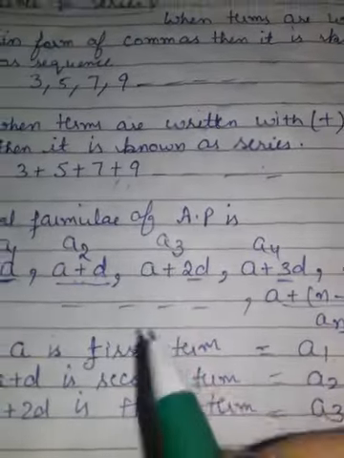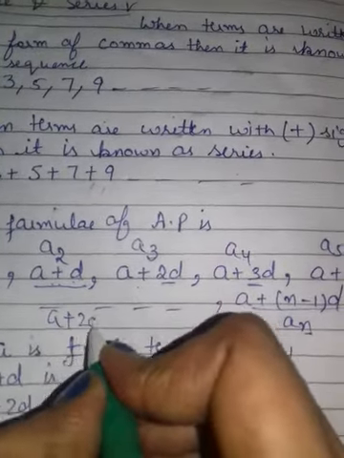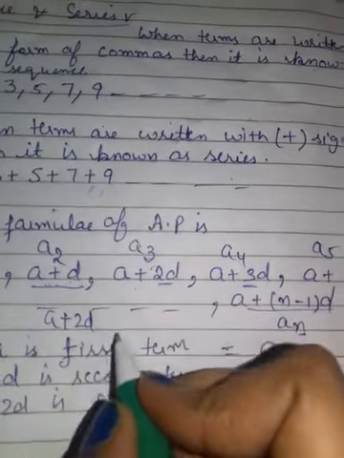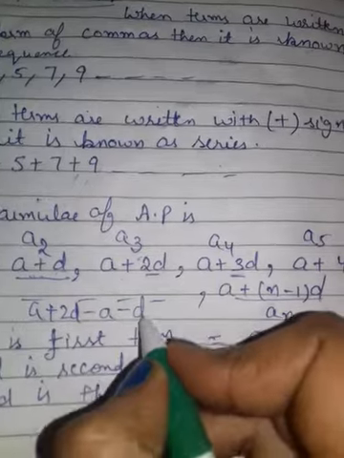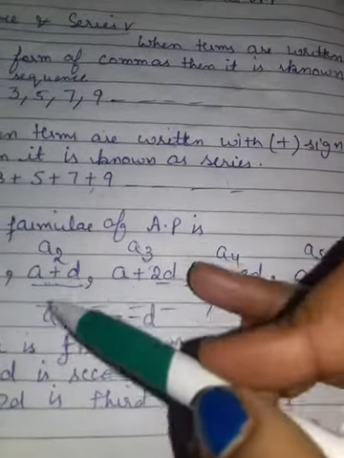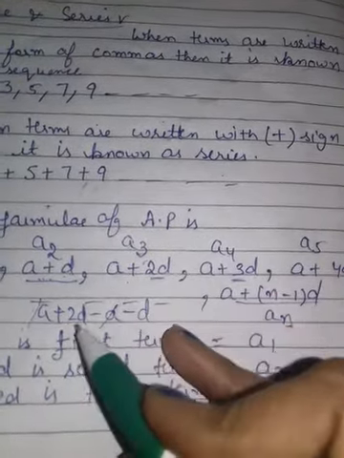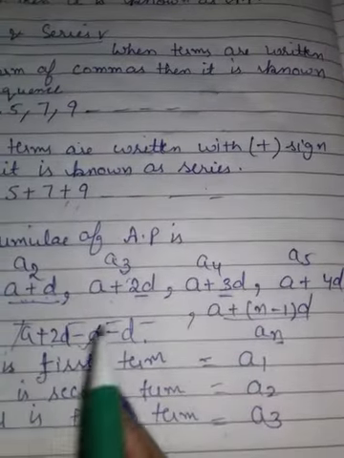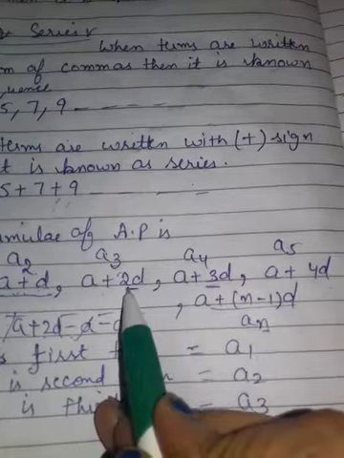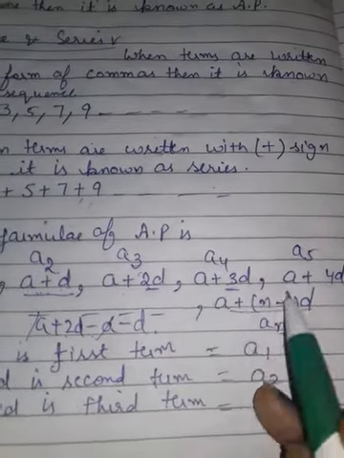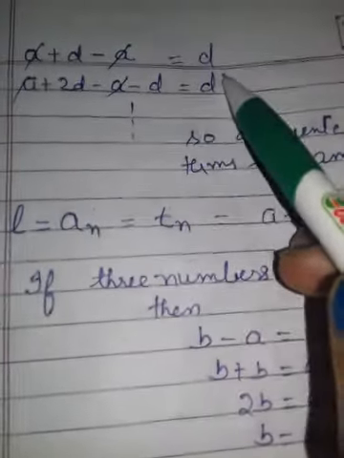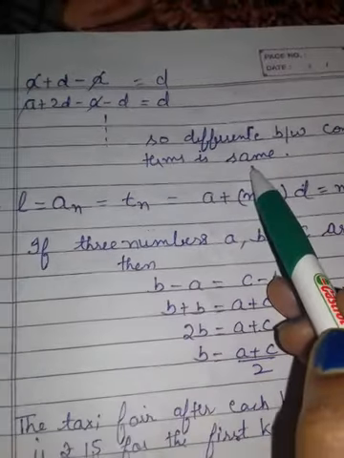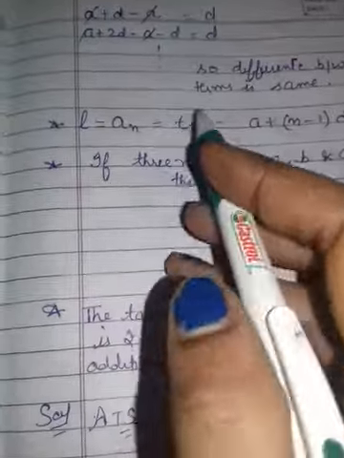D. Now take the difference between these two: A plus 2D, and you have to subtract these, so these terms will change their signs. A will be cancelled, 2D minus D is D. Similarly here, A will be cancelled, 3D minus 2D is D. Means the difference between two consecutive terms is always D. So this is the same, so it is making an AP.